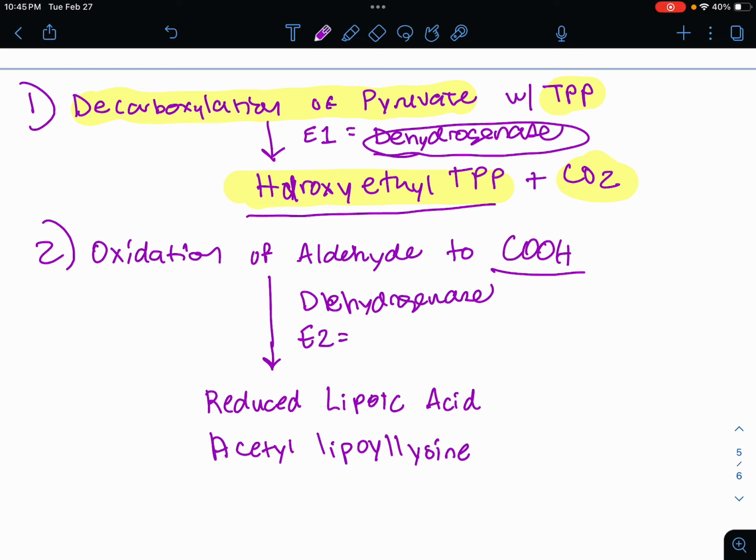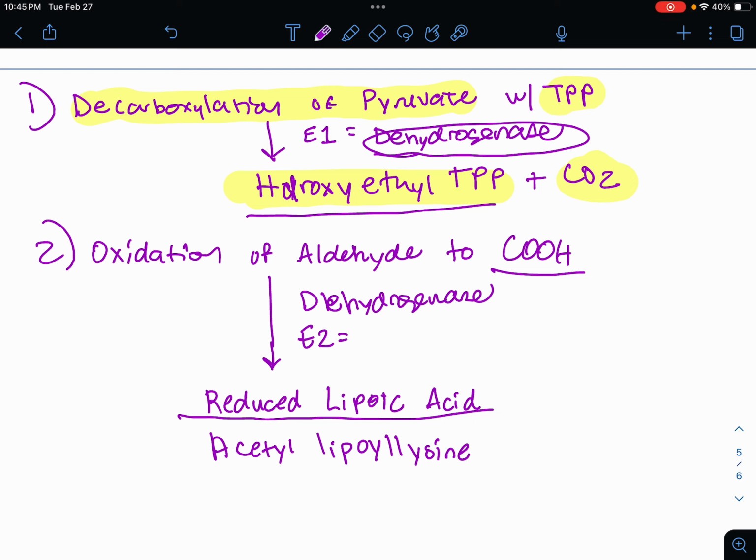So, the oxidation of this aldehyde to carboxylic acid will create this reduced lipoic acid on enzyme 2, as well as this molecule having the name acetyl lipoyllysine. Well, acetyl, that's notating this other process here that's going on in step 2, where we have the acetylation of the lipoic acid.